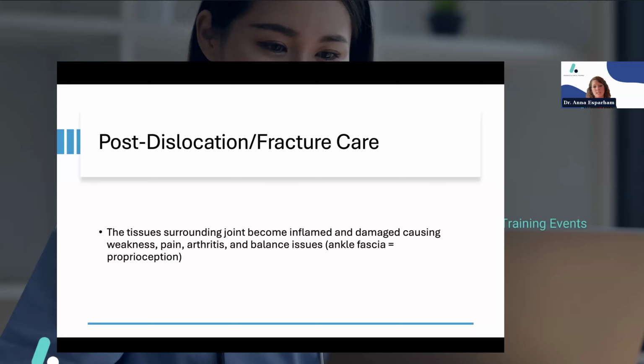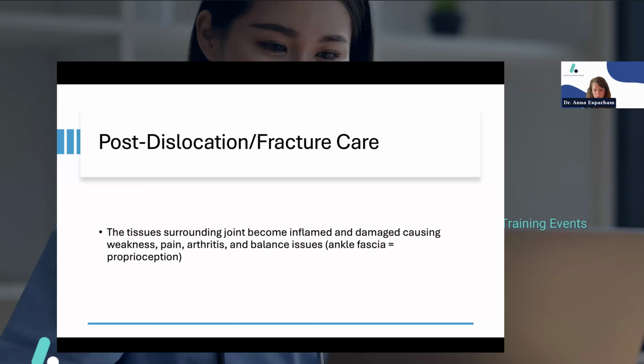And then one of the big things is the strength and balance issues. Their proprioception is just completely off because the fascia, all that tissue surrounding that ankle joint, those bones, are really what help us balance and make sure that we have normal gait mechanics. And so when that gets thrown off, everything else can get thrown off.